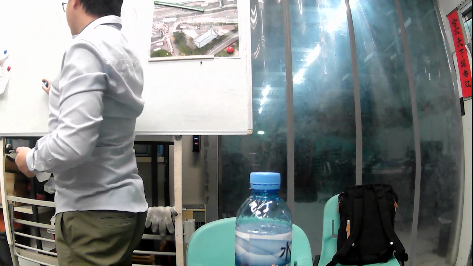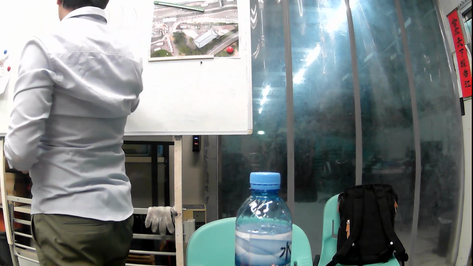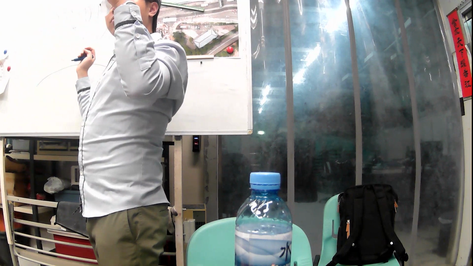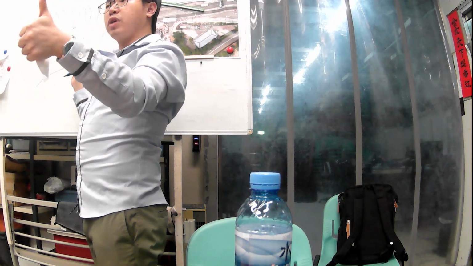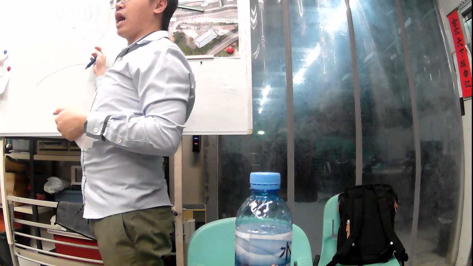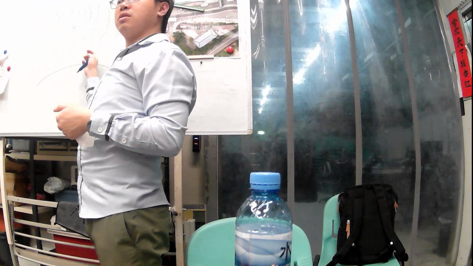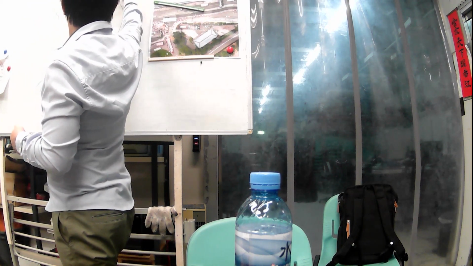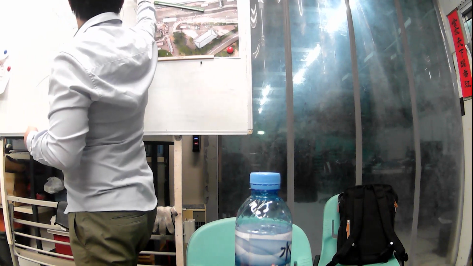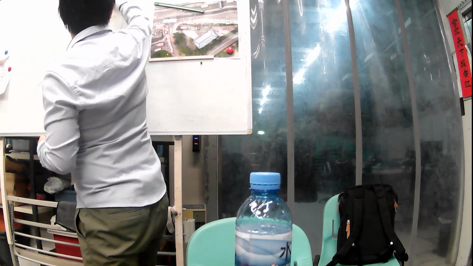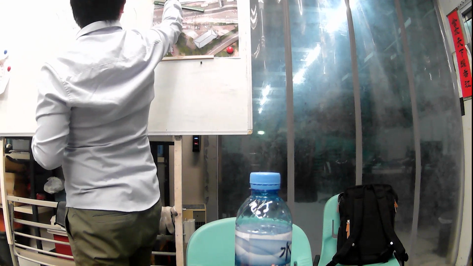So for ground wave, they use a very low frequency. The level of diffraction will become very high. It diffracts a lot. Low frequency, diffraction.